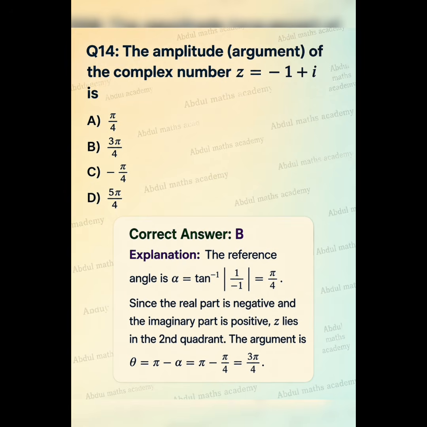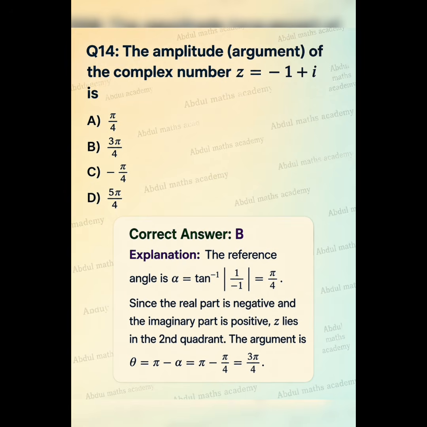The amplitude or argument of the complex number z equal to minus 1 plus iota is: the complex number has real part minus 1 and imaginary part plus 1, so the angle alpha is equal to tan inverse of b by a, which is 1 by minus 1, which is tan inverse of 1. So tan inverse of 1 is equal to pi by 4.